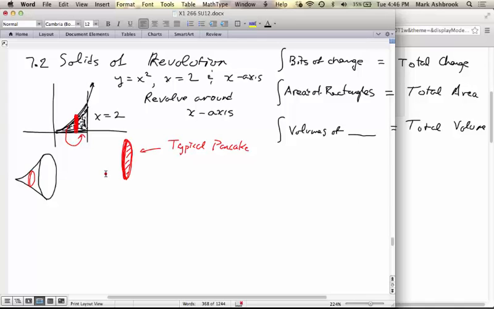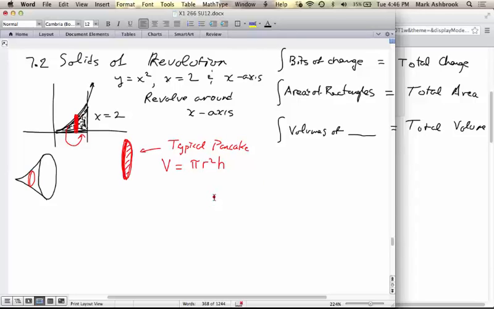Make sense? So what is our volume of our typical pancake? So what shape is a pancake or a disc? Cylinder, right? So that's going to be pi r squared times height, right?